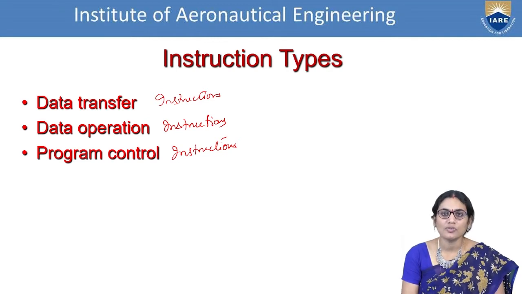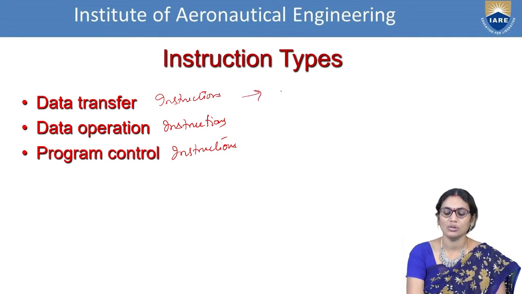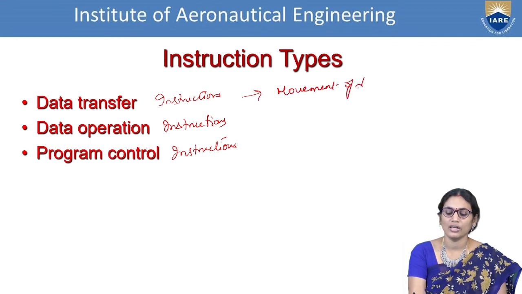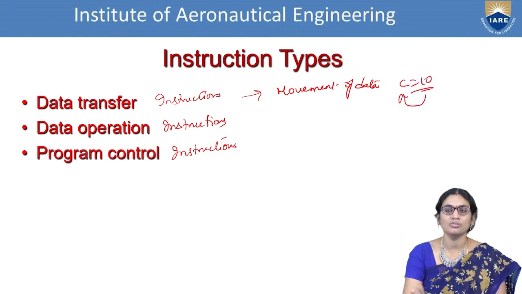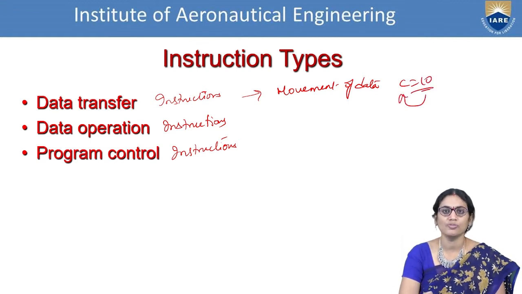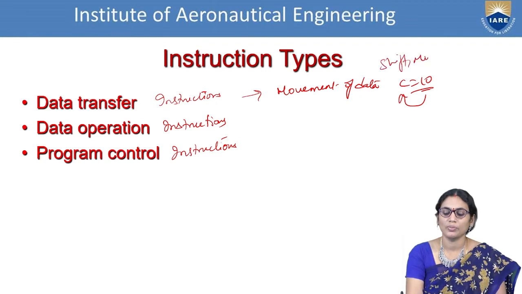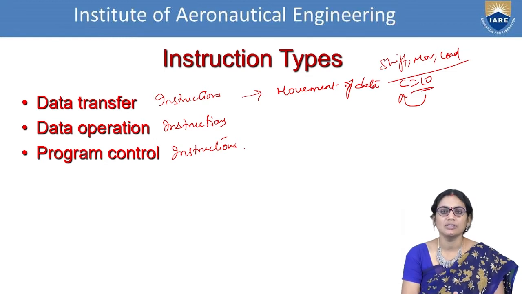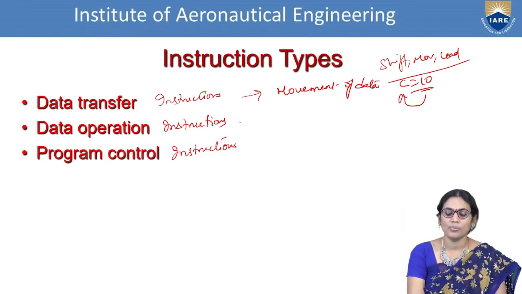Here, data transfer operation always instructs only the movement of data. For example, if I am writing C equals 10, 10 is loaded into C. This is called movement of data. So something like shift operation, move operation, load operation, all these things come under the data transfer instructions. And next, data operation instructions.